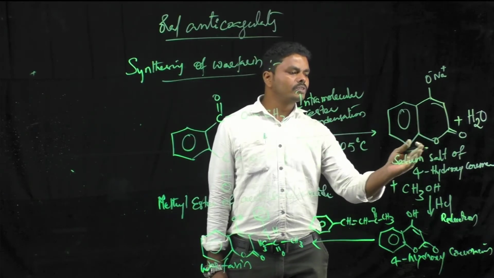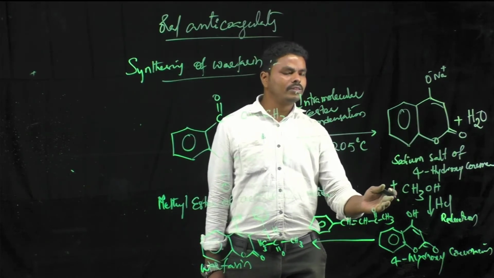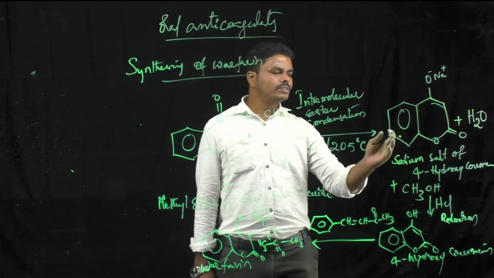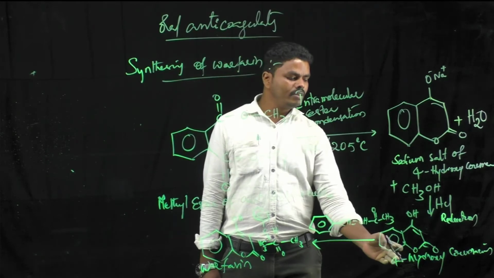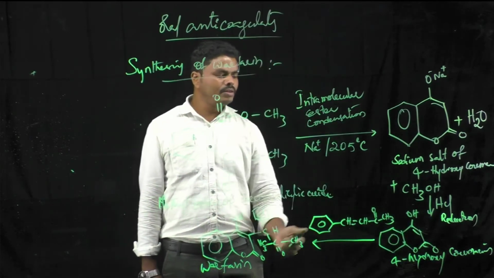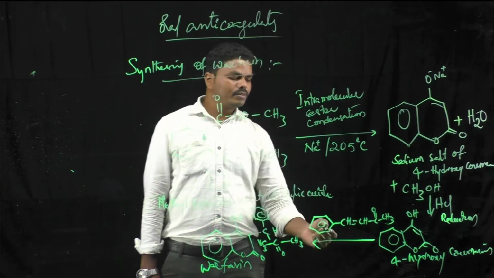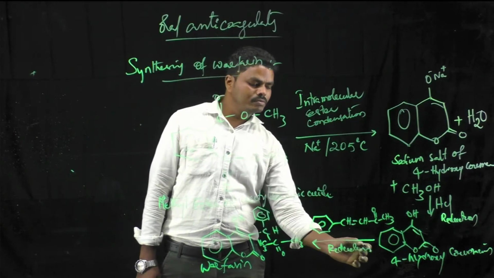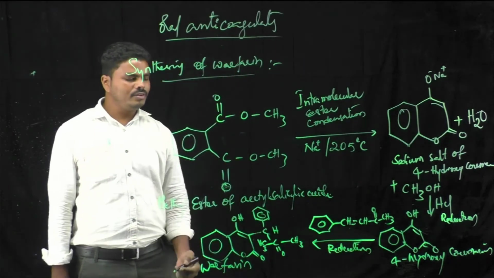And this sodium salt of 4-hydroxycoumarin is treated with methanol in the presence of hydrochloric acid, then it is subjected to reduction, thereby it forms the 4-hydroxycoumarin. And this 4-hydroxycoumarin is treated with benzyl acetone, so again it is subjected to reduction, thereby it forms the warfarin.